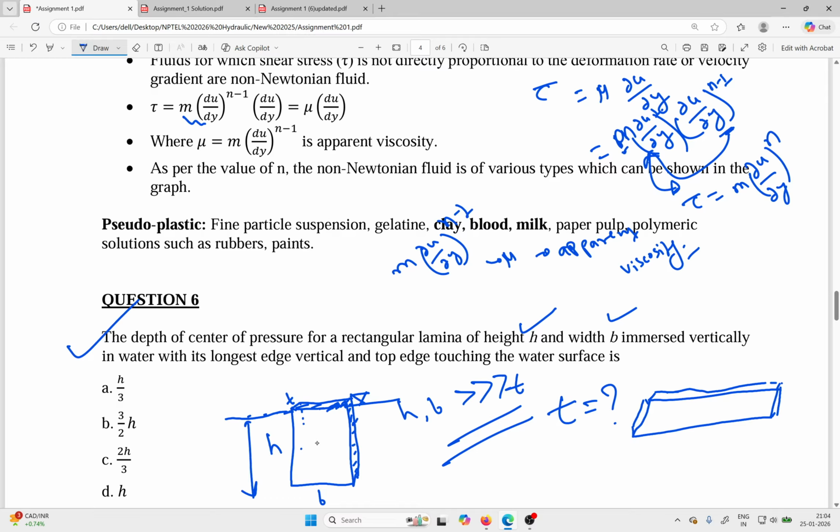The centroid is at h by 2, and you have to calculate the center of pressure. The center of pressure is a little bit lower here. This is your centroid and this is your center of pressure. So the center of pressure will be greater than h by 2.